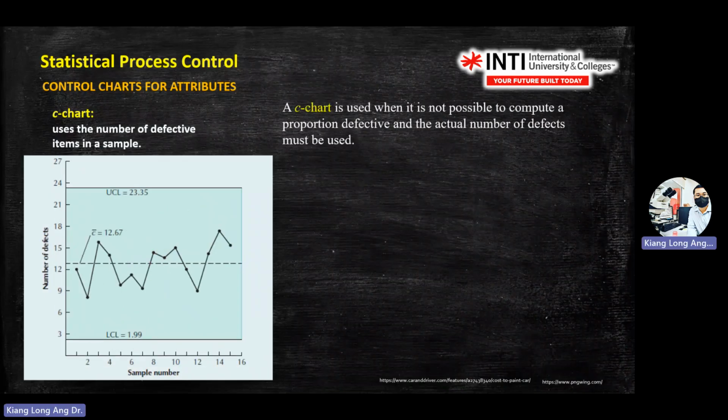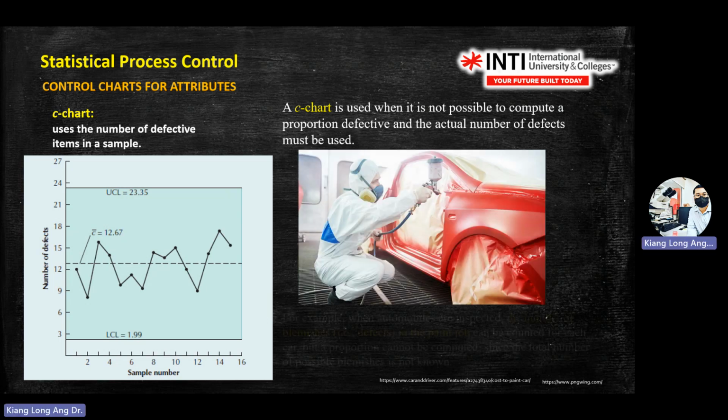For the C chart, the y-axis will be the number of defects rather than proportional defective. So this is a C chart, number of defects. Same as before, you need to calculate the mean, the UCL and LCL. But the notation we use for the C chart is c-bar rather than p-bar.